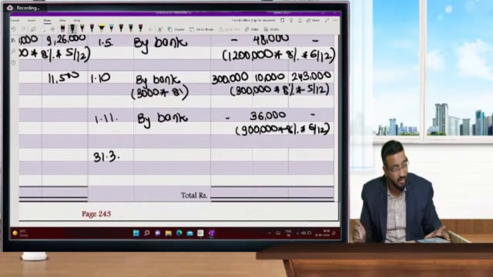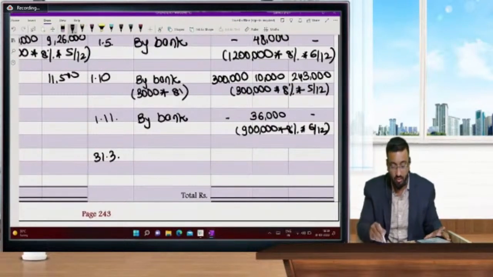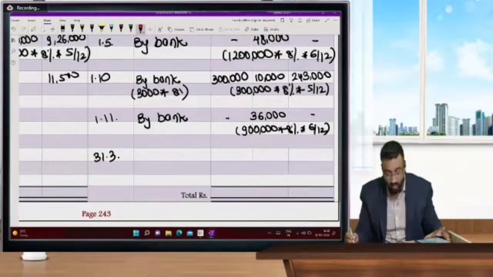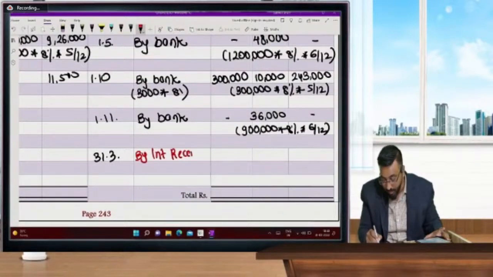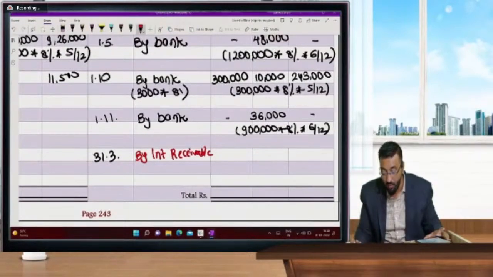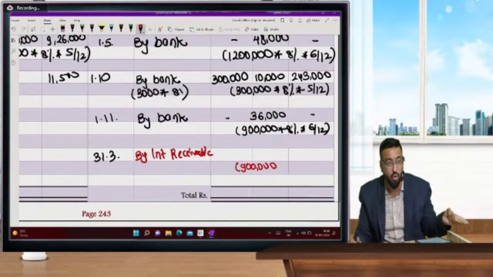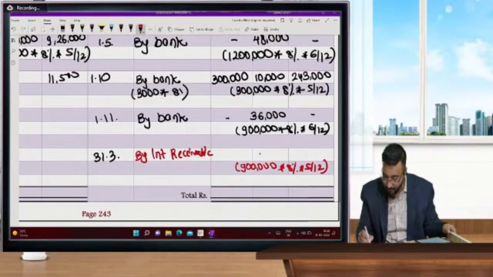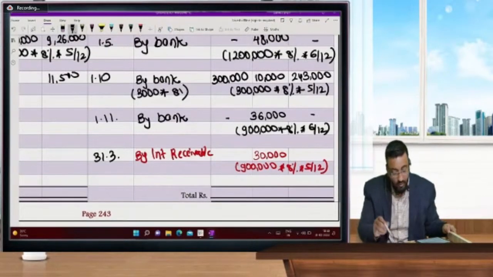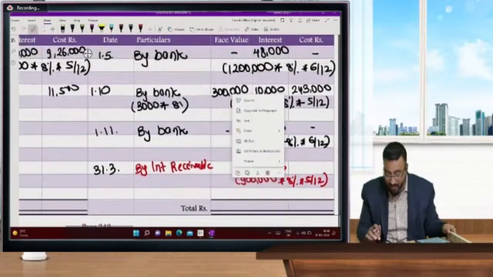Now year end nahi karenge kya? Year end pe kya karenge abhi 31st March ko? Profit and loss aur interest receivable karna padega. By interest receivable. For how many months? Abhi 11 ko interest diya tha. 11, 12, 1, 2, 3. 9 lakhs into 8% into 5 by 12. Focus, focus. 30,000. Over. And by balance carried down.